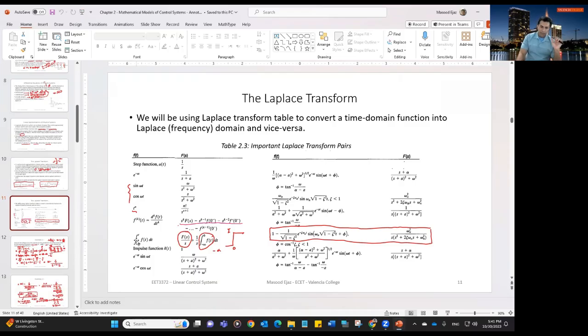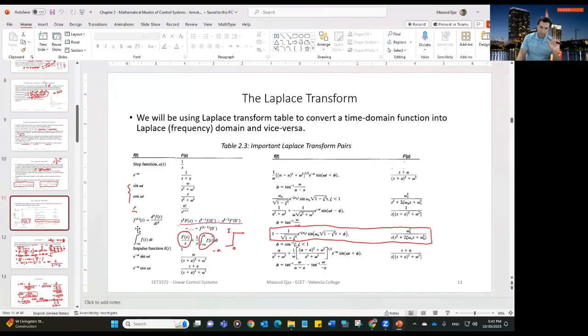Right. So integral of f is F(s) over s plus 1 over s times the initial value. And derivative of f, the kth derivative of f, is s to the power k F(s) minus s to the power k minus 1 f(0) and so on. So if you take the first derivative of f, df over dt, then it's s to the power 1 F(s).